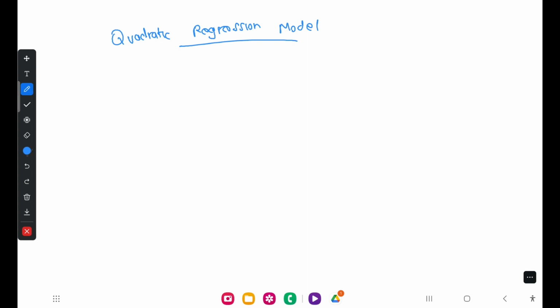So your population regression model would be like this. Population model is y_i equals beta naught plus beta 1 x1_i plus beta 2 x1 squared. For this same variable I'm going to put a square term, x1 square.